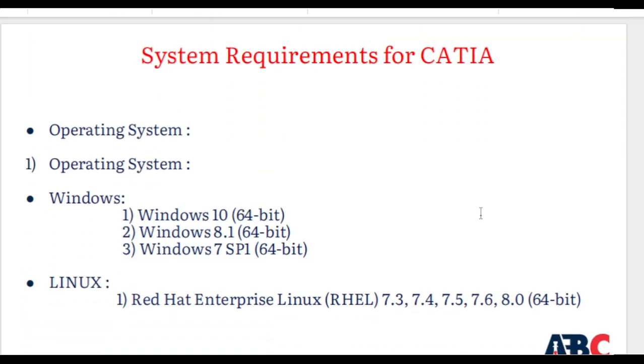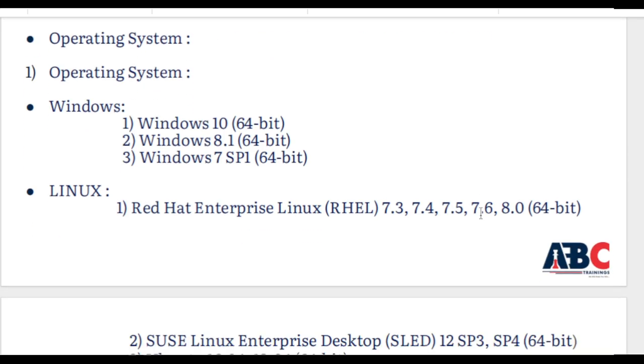Next is system requirements for CATIA. Operating system: in Windows, Windows 10, Windows 8, Windows 7 SP1 64-bit; in Linux, Red Hat Enterprise Linux 64-bit.